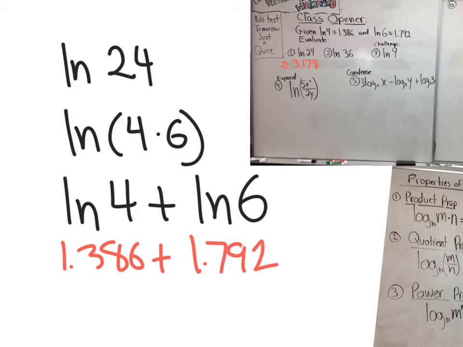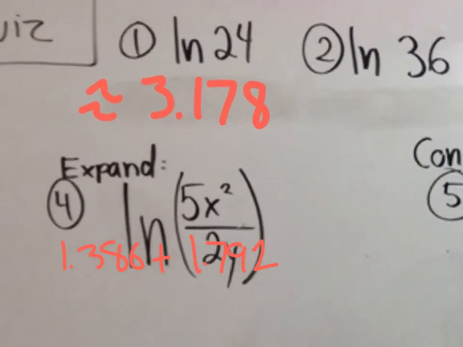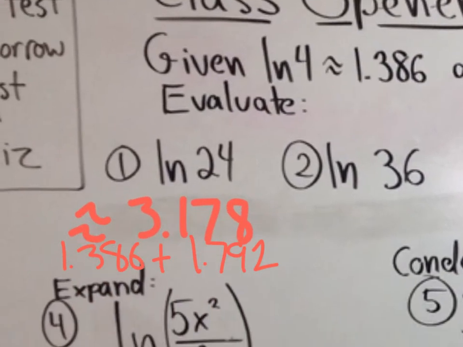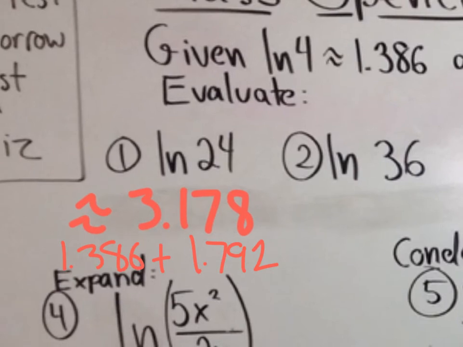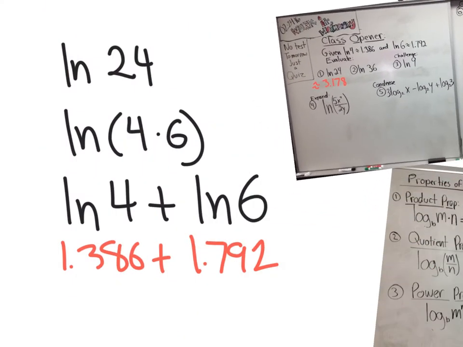And of course, if we add those values together, we really will get the answer 3.178 right there. So you're probably wondering, why the heck are we doing this? In reality, the only purpose of doing this is to practice expanding logarithms.